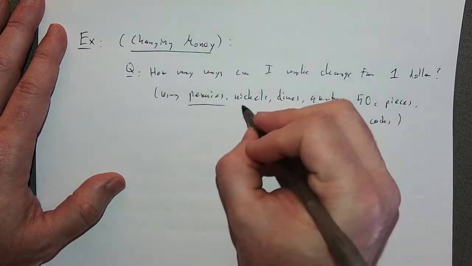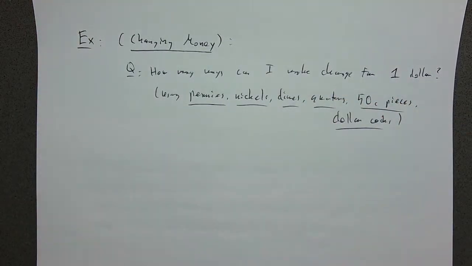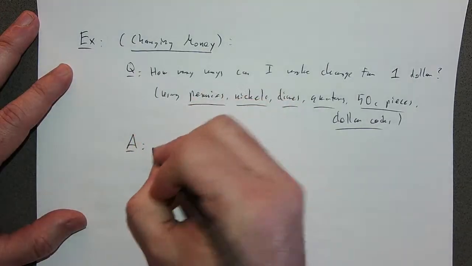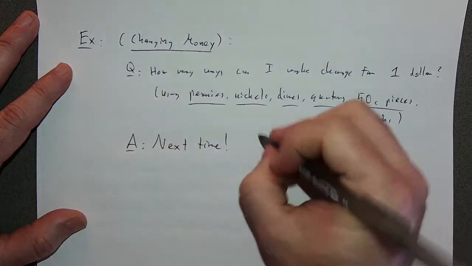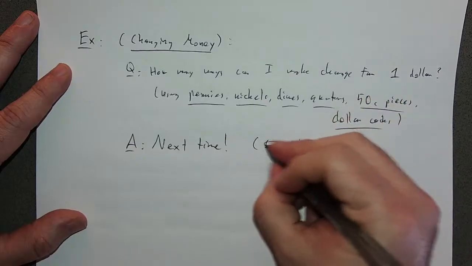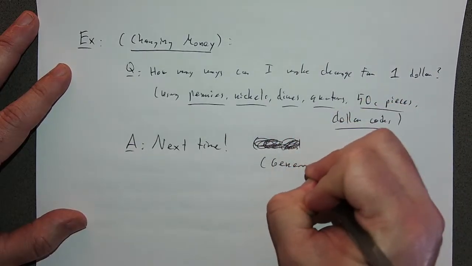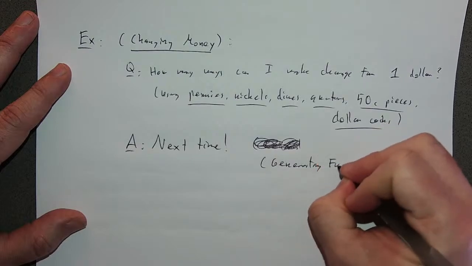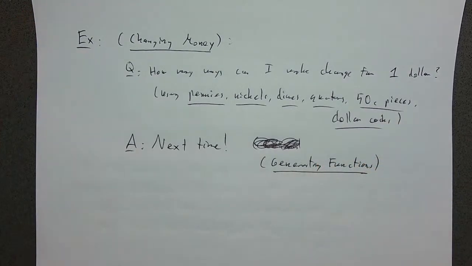Okay, so we have multiple different denominations of making change for $1. The answer we'll see next time. But this is likewise going to fall to, why did I write general here? This is going to fall to generating functions. So this is just another application of generating function use.